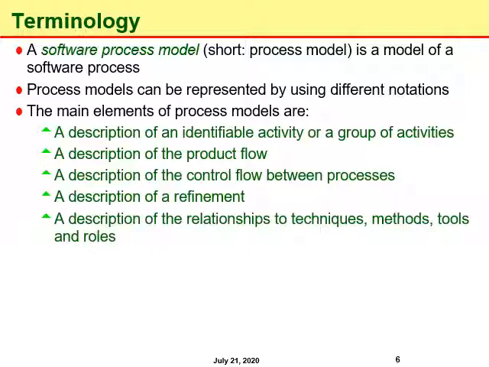That is the techniques and methods for process improvement and implementation. Similarly, the tools that are needed for supporting the process improvement, and the rules. And in fact, the rules include the human entities who will be responsible for performing certain activities.